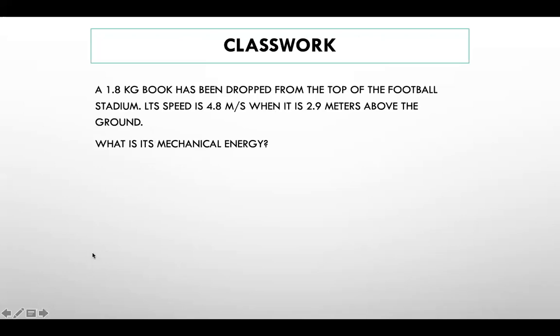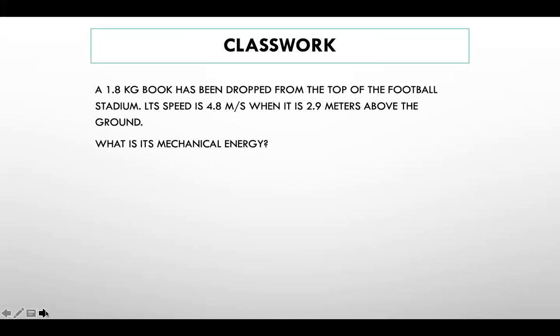He gave me here an example, as you could see. A 1.8 kilogram book has been dropped from the top of the football stadium. If the speed is 4.8 meters per second when the height is 2.9 meters above the ground, what is the mechanical energy?